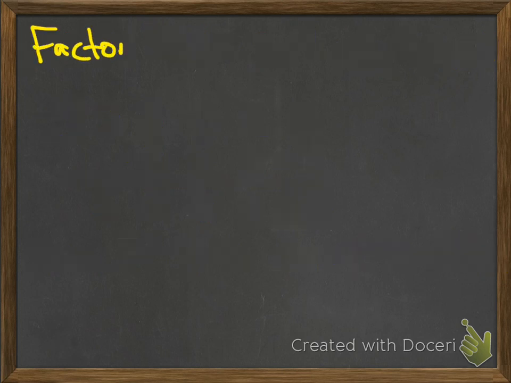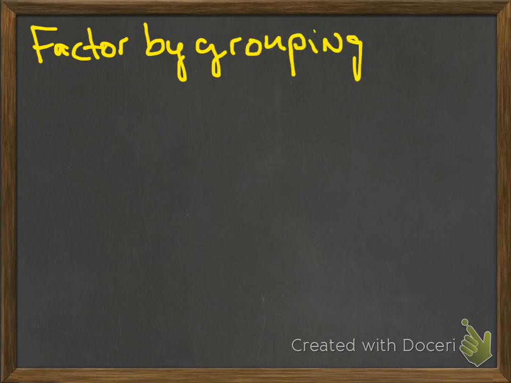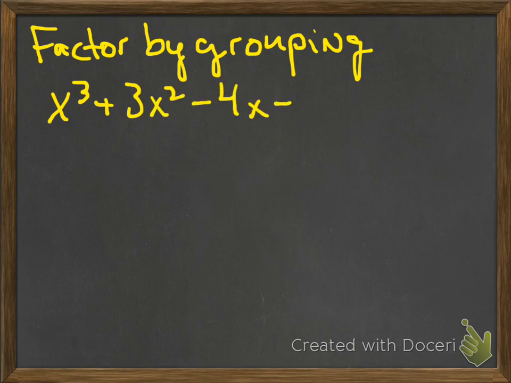Now let's look at factor by grouping. In factor by grouping, we take a 4-term polynomial, look at the first 2 terms by themselves, and put them in parentheses, and put the second 2 in parentheses. If you look at the first 2, you have x cubed and 3x squared.